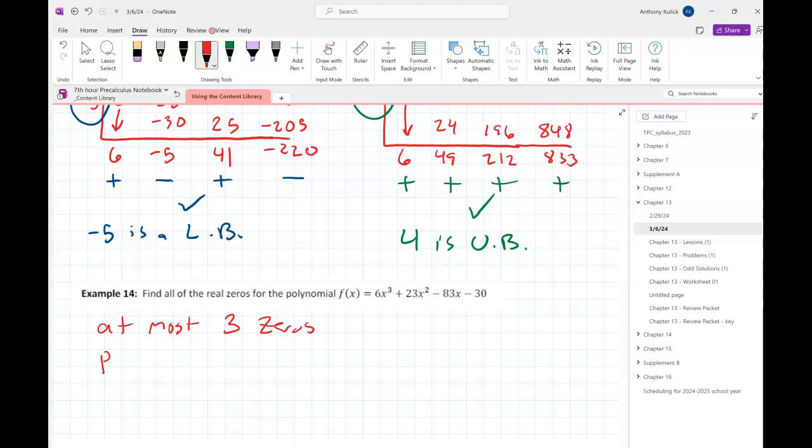And then I'm going to go do my possible rational zeros. So it's going to be the factors of 30: 1, 2, 3, 5, 6, 10, 15, 30, over the factors of 6: 1, 2, 3, and 6. Everybody okay with how I did that piece?